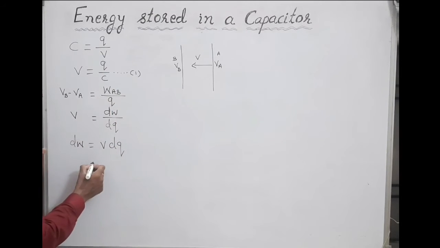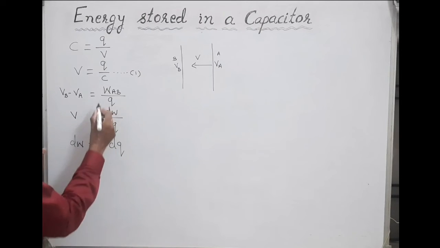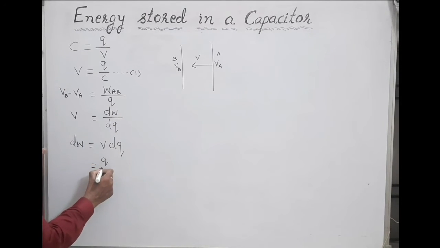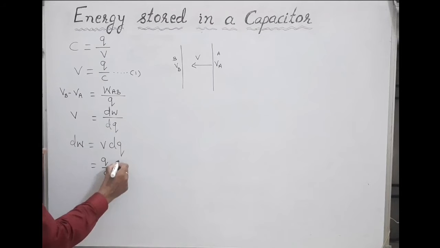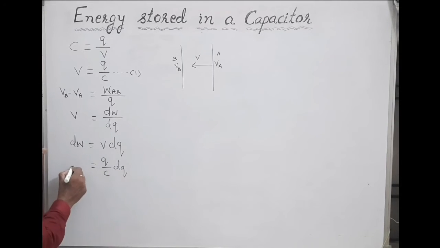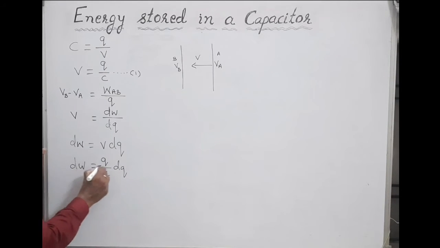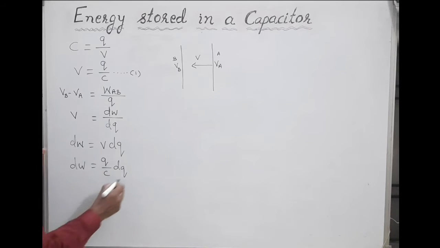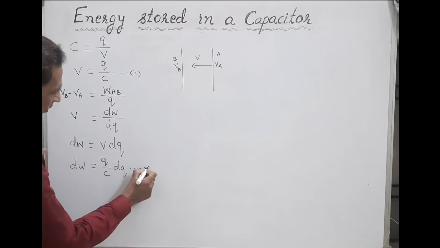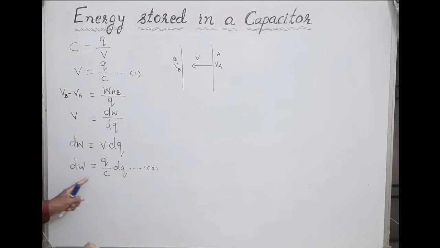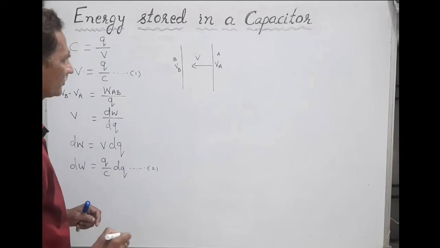From equation 1, V is q divided by C, so dw is equal to q divided by C dq. This is equation 2. This is the intermediate stage.